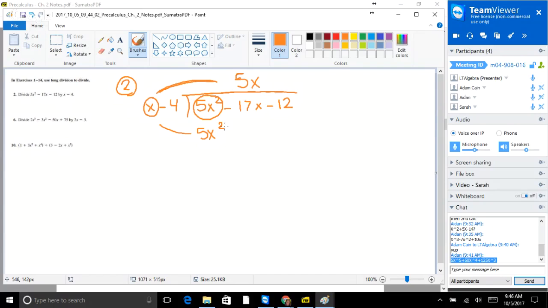You'll notice I put the 5x over top of my other single x term, so you match up where you put it with the same order variable, just a note for organization. If I multiply 5x times x to give 5x squared, I also have to multiply 5x times negative 4. So 5x times negative 4 is negative 20x.